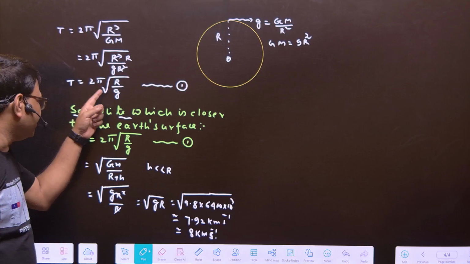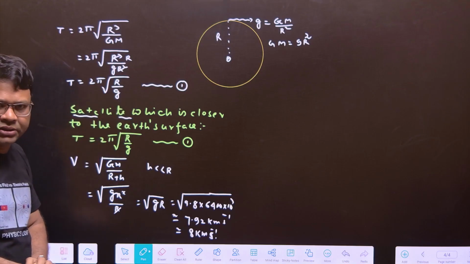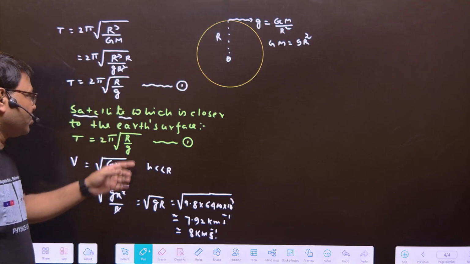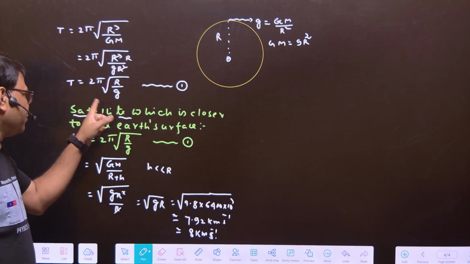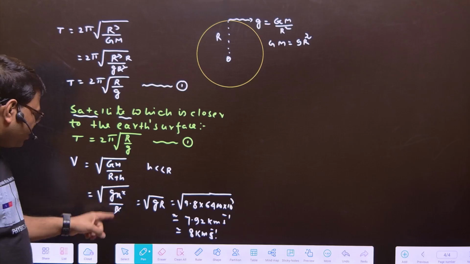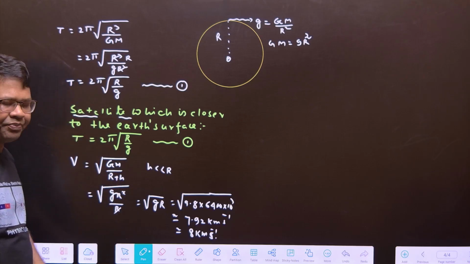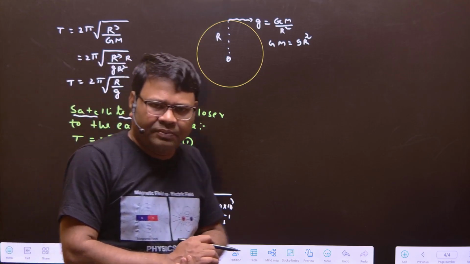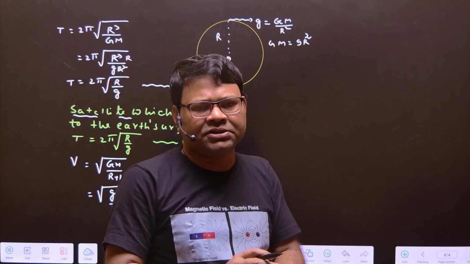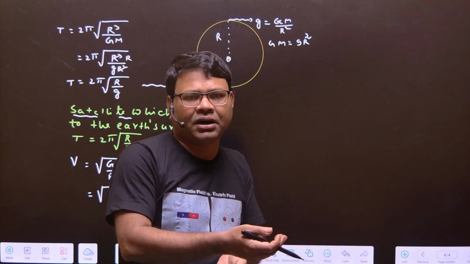And we will also find the time period of the closer satellite around the Earth. So we have got the orbital speed and the time period for the closer satellite. In competitive exams, there are many options available in terms of other factors.